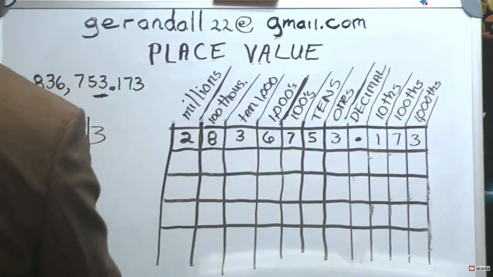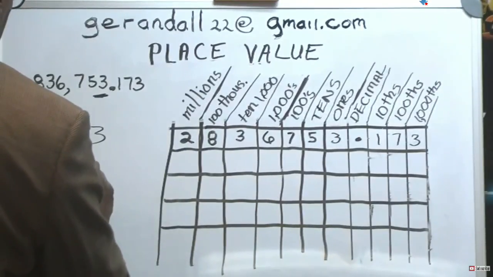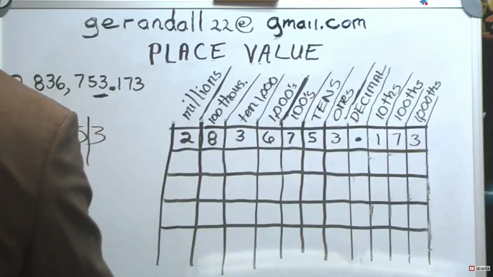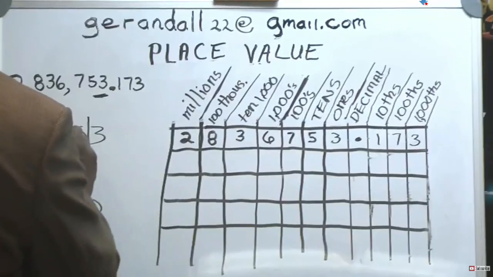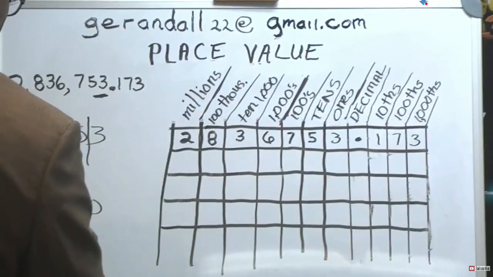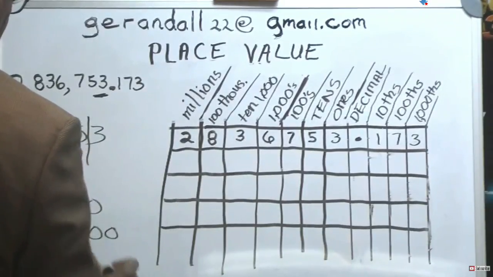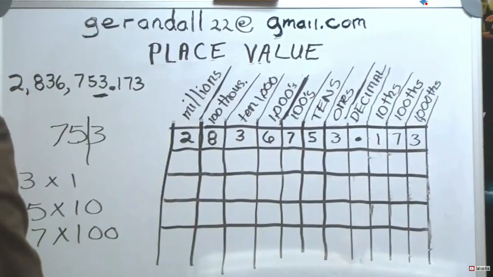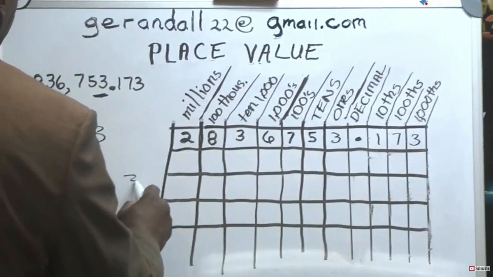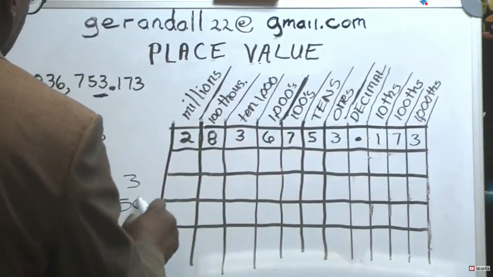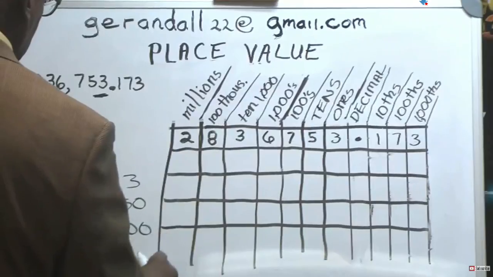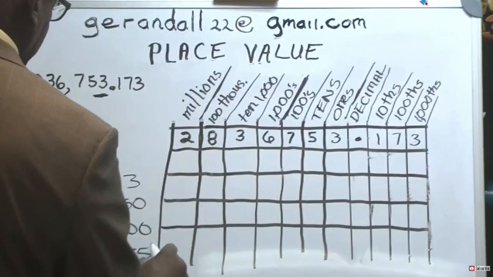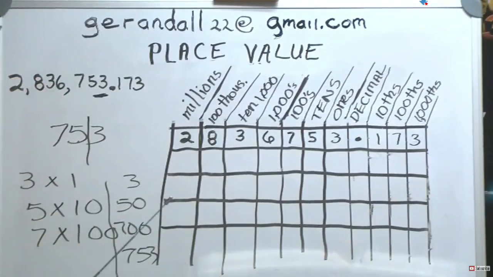You would have 3 ones, 5 tens, 7 hundreds. In this particular case, that would be 3, 50, and 700, and that would get you 753.